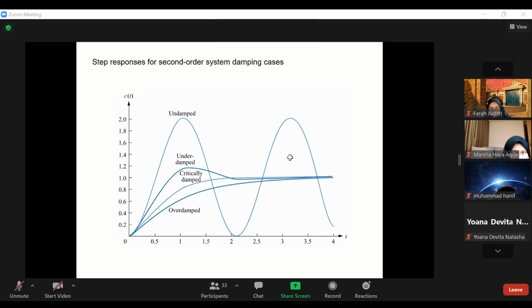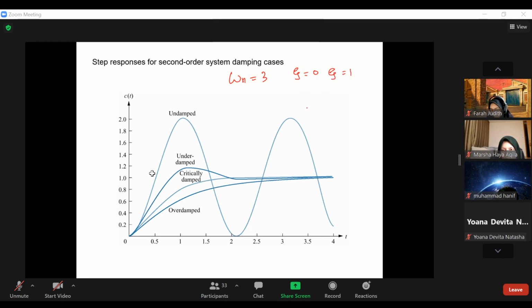And if we compare with the same omega n, in the previous slides omega n is always 3. The only thing changing is zeta. Zeta is 0, zeta is 1, and so on.